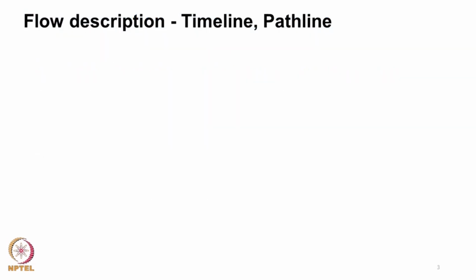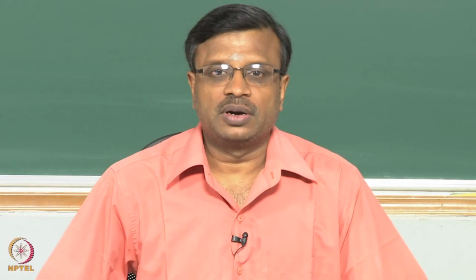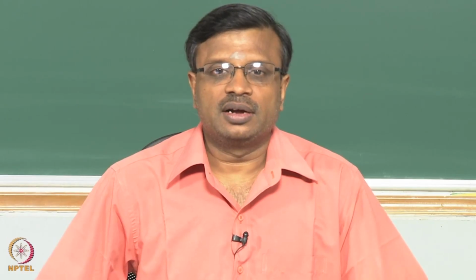Whenever a fluid is moving, you have to characterize them, visualize them. So this is given by flow visualization, and there are 4 such characteristic lines defined for flow description.